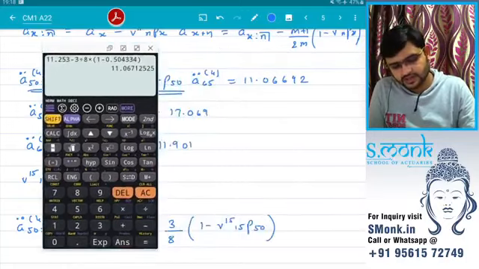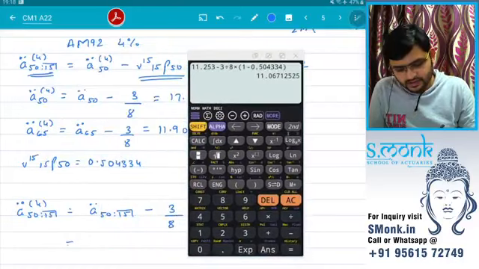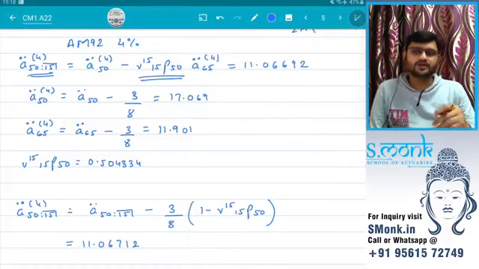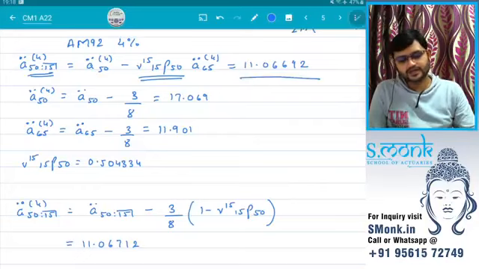You can see that we will have nearly the same value, 11.0671. Of course, there is a difference. The only reason is because of the number of decimal points they have taken in tables. Don't worry, both of these will be acceptable.